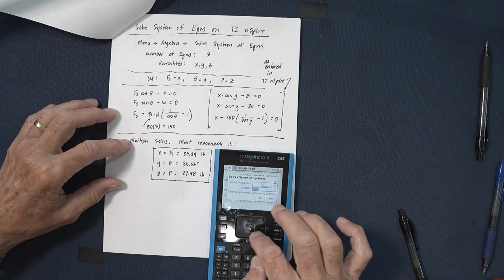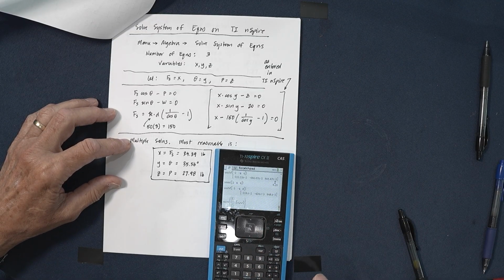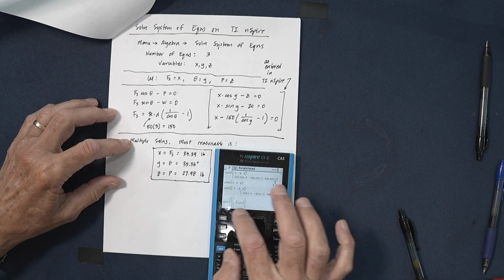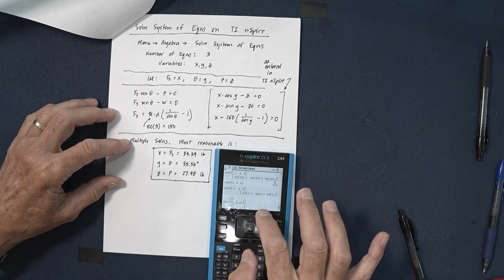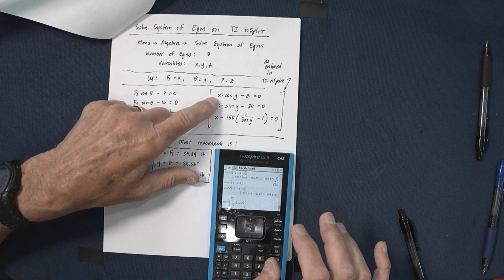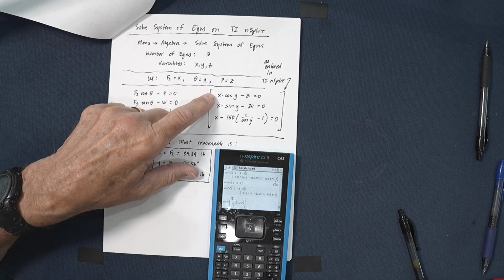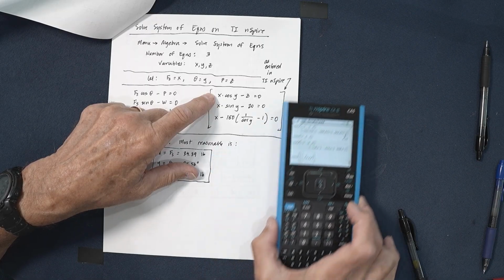And so you can go OK. And now it gives you this solve template. And you can actually write your equation. So you can write x, let me move up here so you can see better.